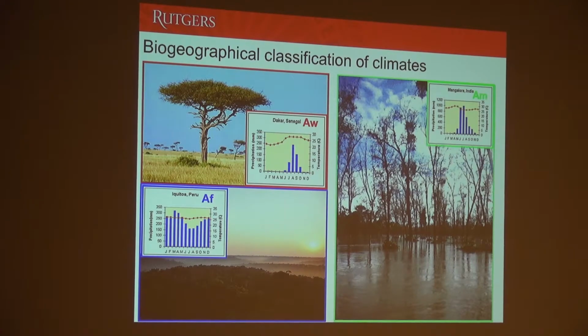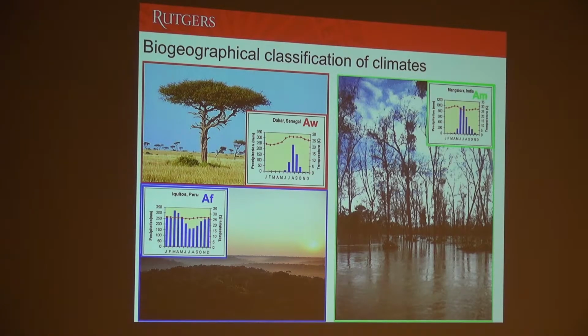We have a long history in climate, from a climatological perspective, of thinking about climates, particularly in the tropics but not only, in terms of their biogeographical characteristics. These are three examples. I've excluded arid climates like deserts, but these are three humid climates in the tropics, and they have some connection to vegetation.